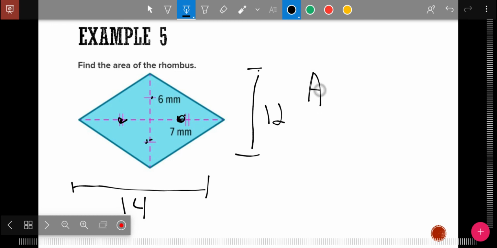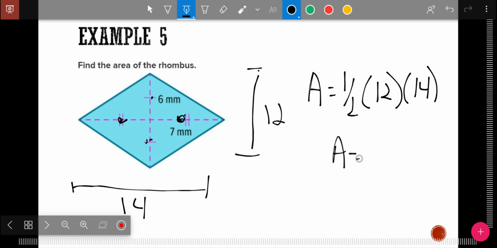And so area equals 1/2 times the one diagonal times the other diagonal. So 1/2 times 12 times 14, which ends up being 84 millimeters squared. And that is areas of quadrilaterals.